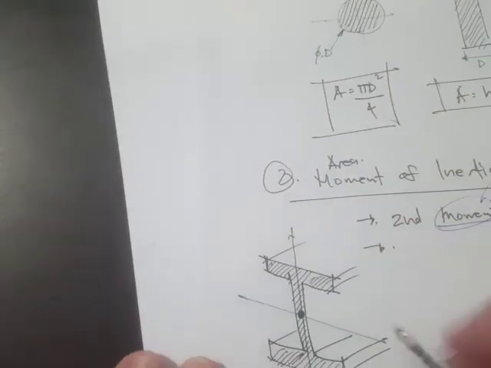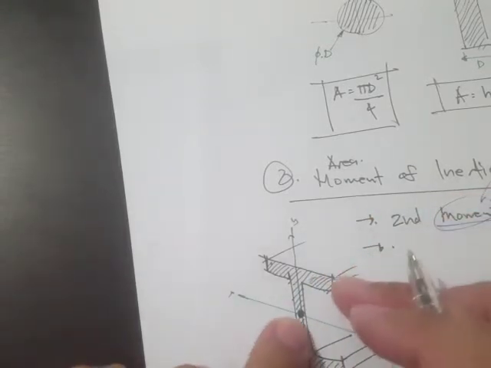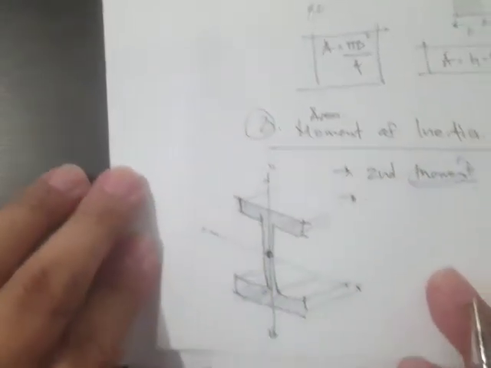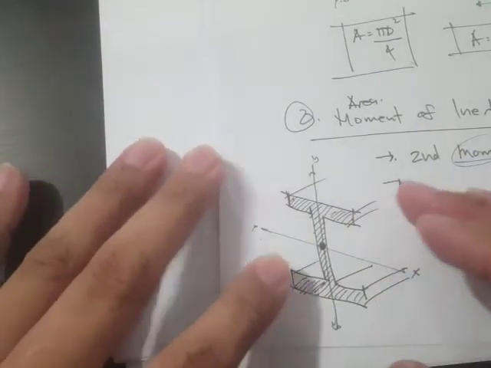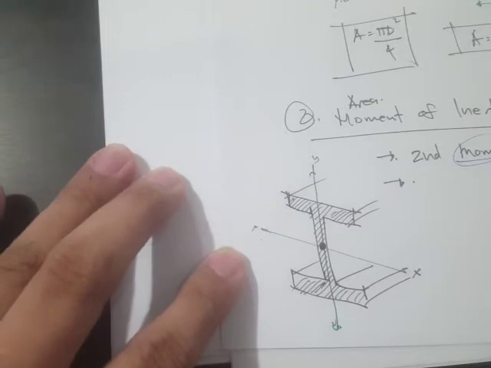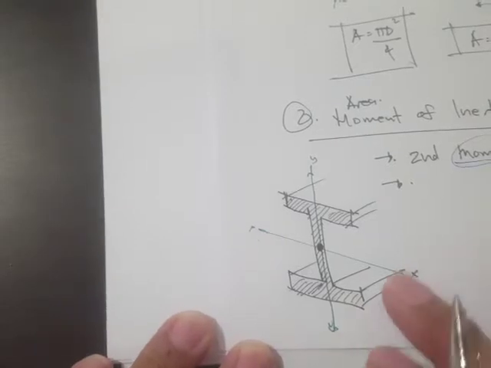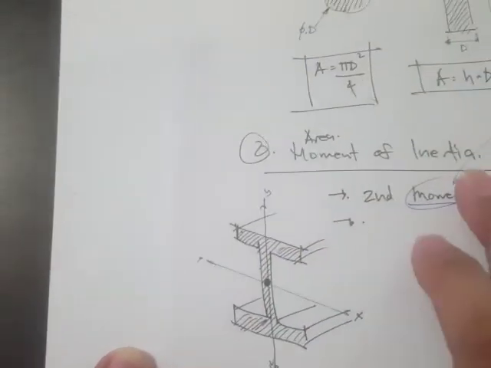For example, this is our x-axis and this is our y-axis. Now what if I rotate this area about the x-axis or about the y-axis? If that's the case, that's the concept of the moment of inertia.